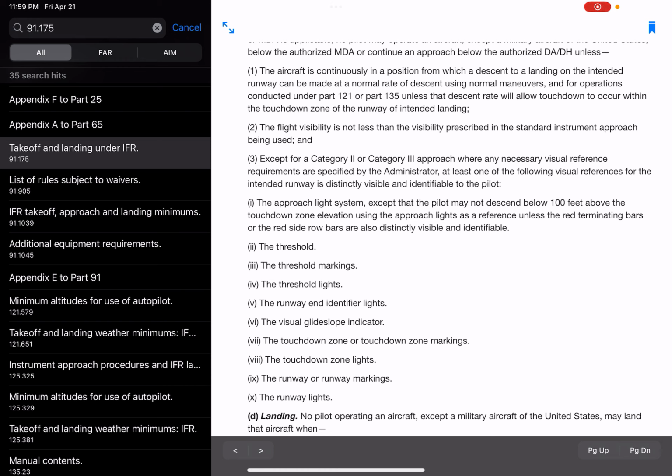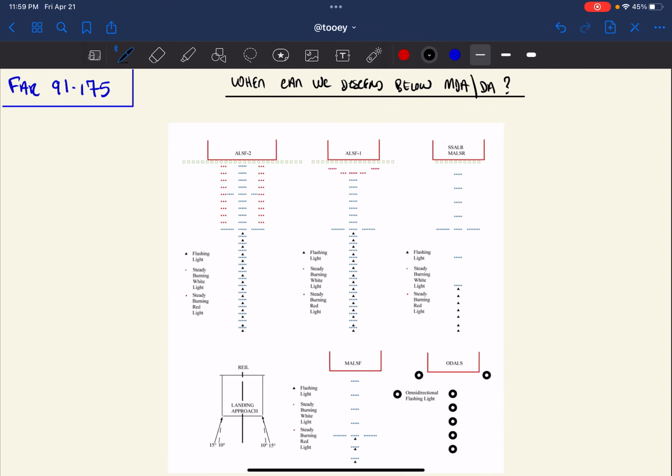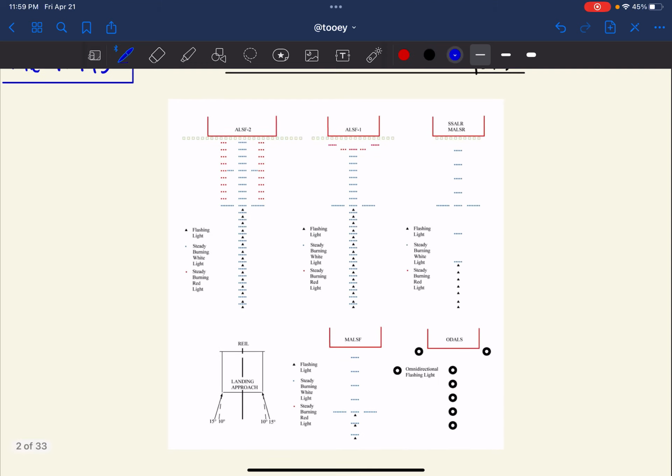Well, this is what that means. We have a little picture here from the FAA, and let's just focus on this one for now. Approach light system with sequence flashing lights.